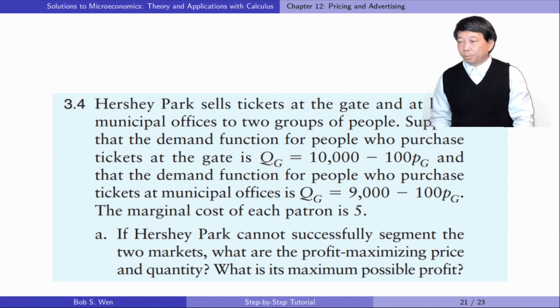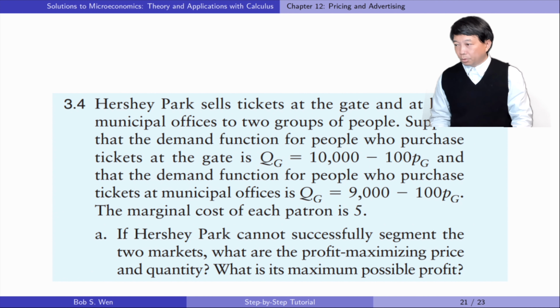Let's go to exercise 3.4. The monopoly sells tickets at the gate and at local municipal offices to two groups of people. Suppose that the demand function for people who purchase tickets at the gate is QG equals 10,000 minus 100 times PG, and that the demand function for people who purchase tickets at municipal offices is QM equals 9,000 minus 100 times PM.